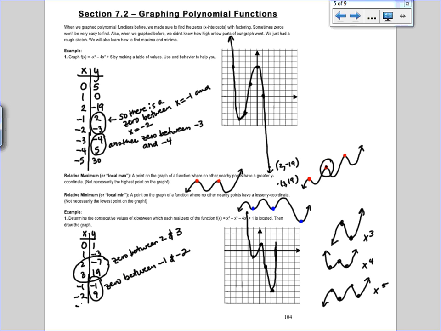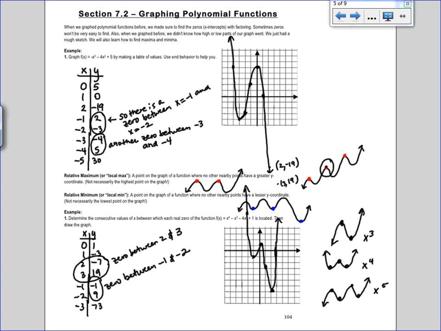If I try negative 3, it gives me a really big 73, so I know it's just going up. I also know that I'm done because it's x to the 4th, and I have my 3 relative maximums and minimums.